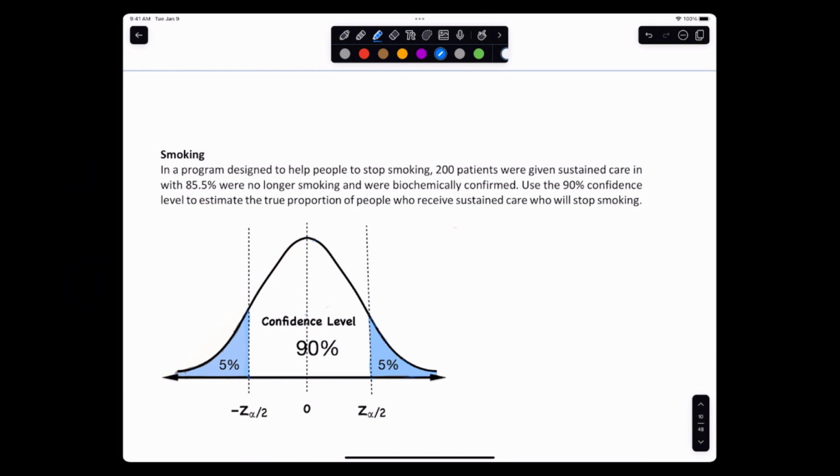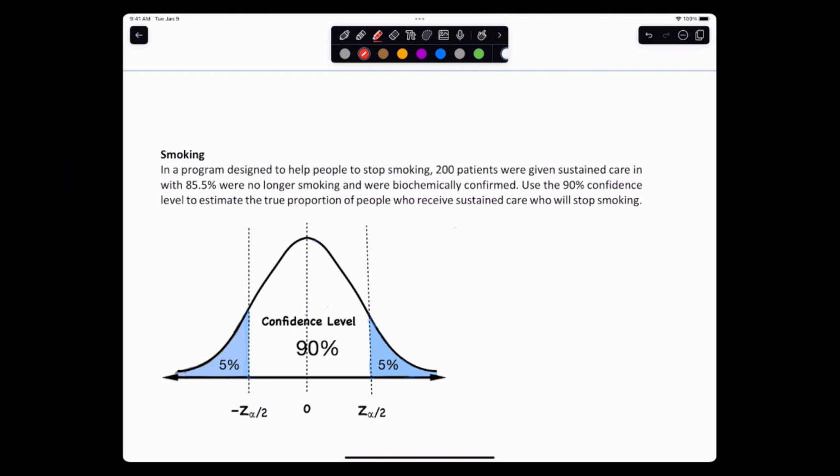Smoking, I'm not even going to ask. This is a new era. I don't even know what they mean by smoking. In a program designed to help people stop smoking, 200 patients were given sustained care, in which 85.5% were no longer smoking and were biochemically confirmed.